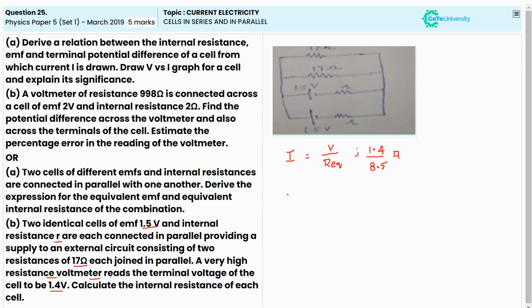Then V is equal to E equivalent minus I r equivalent. So 1.4 is equal to 1.5 minus 1.4 divided by 8.5 times r by 2. Then r is equal to 1.21 ohms.